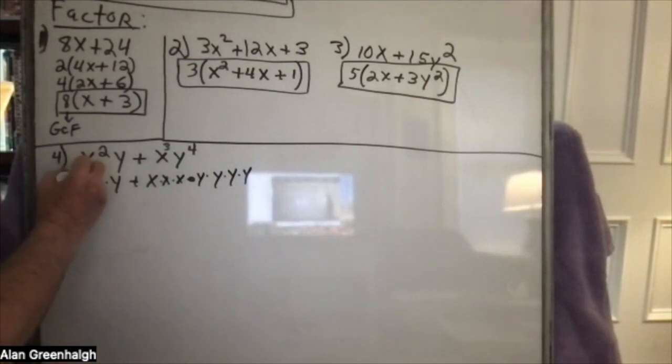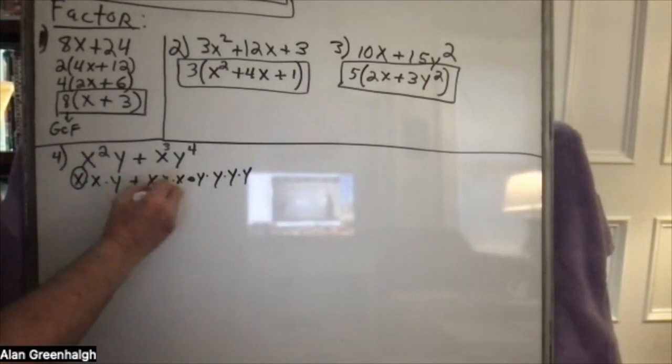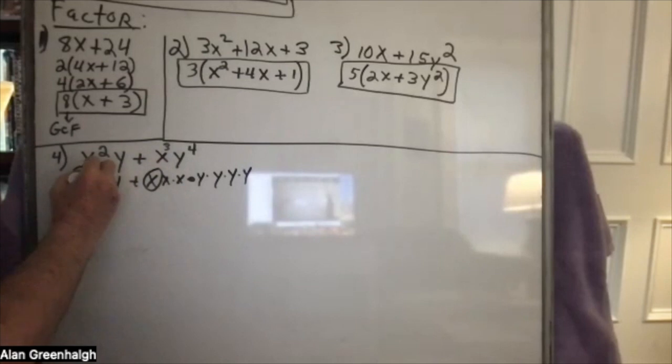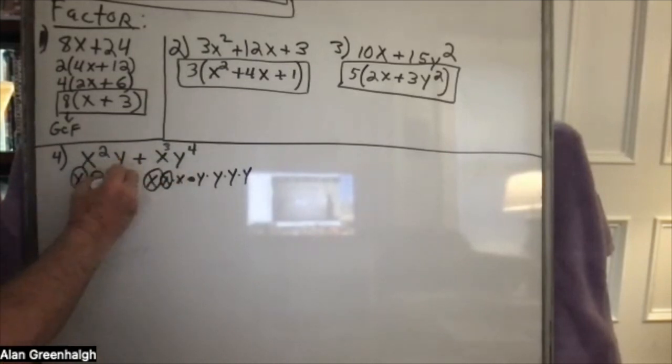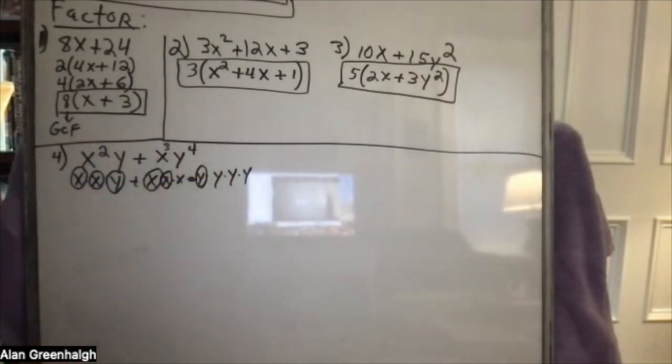And simply saying, well, okay, common factor of x, common factor of another x, common factor of another x, common factor of another x, common factor of the y, common factor of a y, that's about it. You could take out x times y.